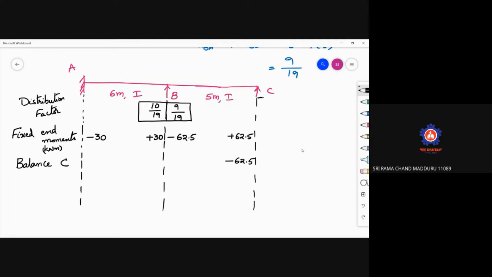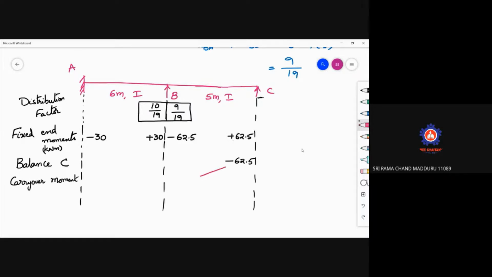But when we are adding, you can't add whatever moment you want. With the balanced moment, it will give a carryover moment to the far end, which is fixed. This carryover moment will go to the nearest support. For C, the nearest support is B, and it is a continuous support which will be accepting the carryover moment.